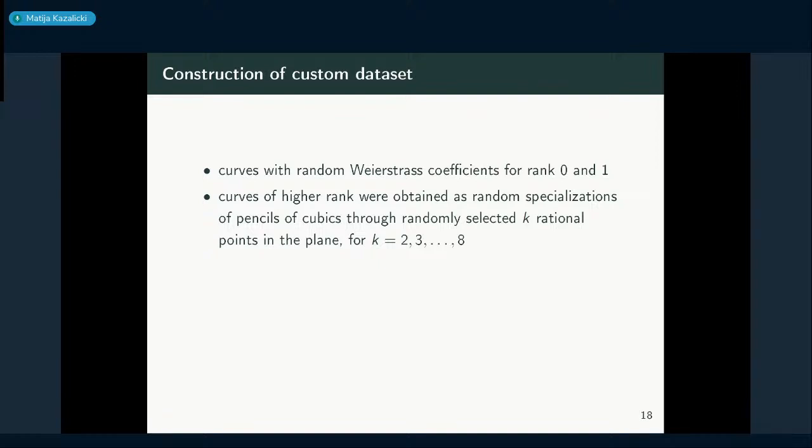Basically, we select some points with small height, and then we look at the cubics that go through those points, and we sample some other points from those families, and this way we get our data set.